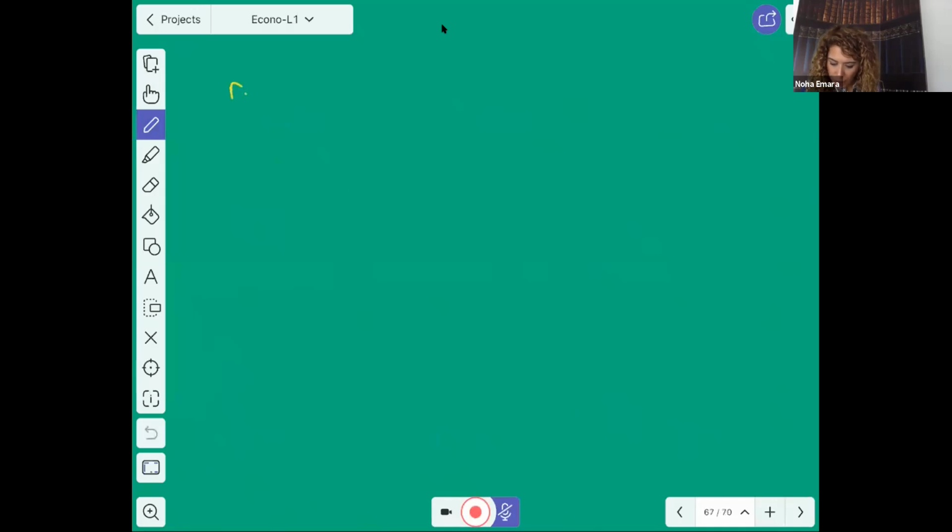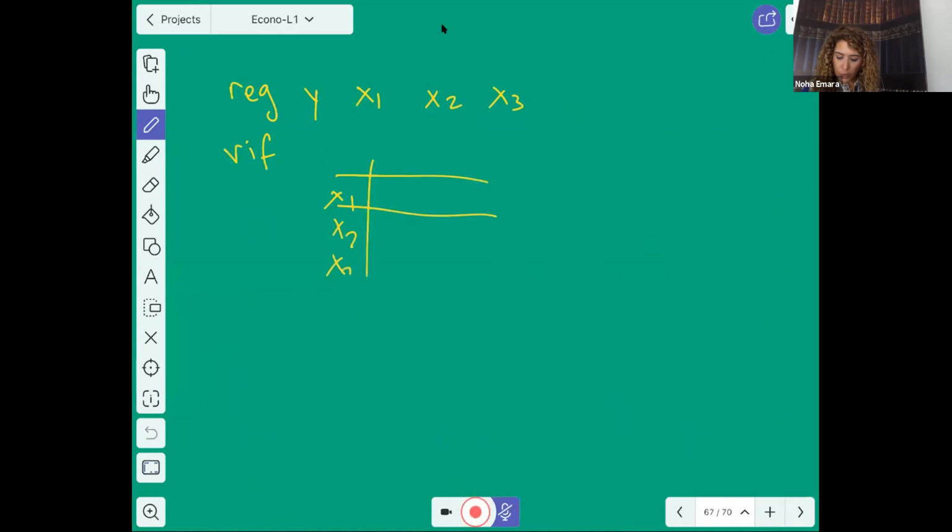So you first have your regress command, y, x1, x2, x3, and you just type VIF. And the VIF that you type right under the regress command would give you this table where it has the VIF for x1, x2, x3, and it has an average here, and this is what we check.